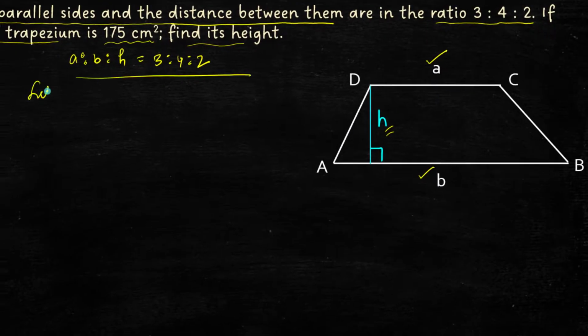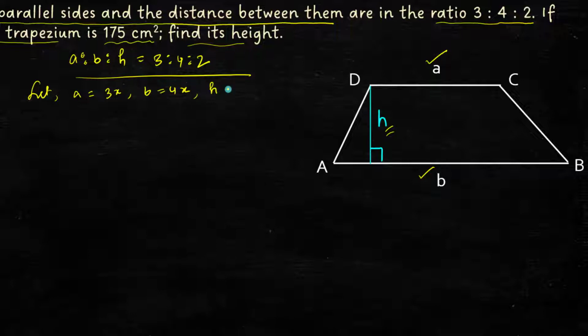Let a is equal to 3x, b is equal to 4x, and h, the distance between the parallel lines, is equal to twice x. Now, according to the question, half of a plus b, the sum of the parallel sides, multiplied by height, this is called the area of the trapezium.